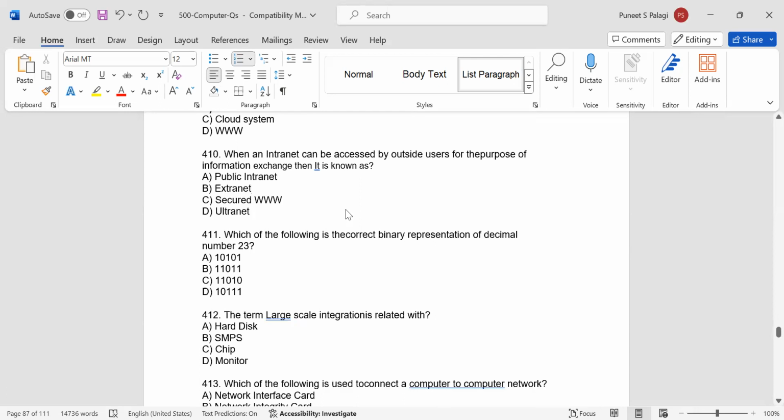When an intranet can be accessed by outside users for the purpose of information exchange, it is known as extranet.